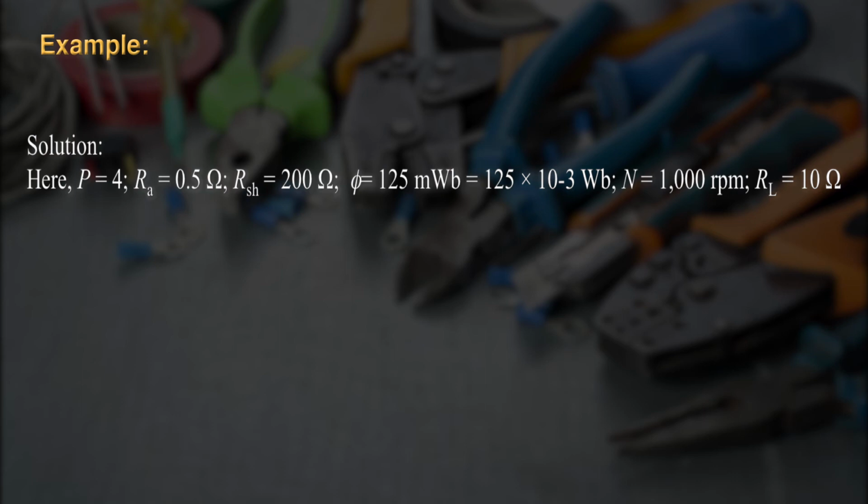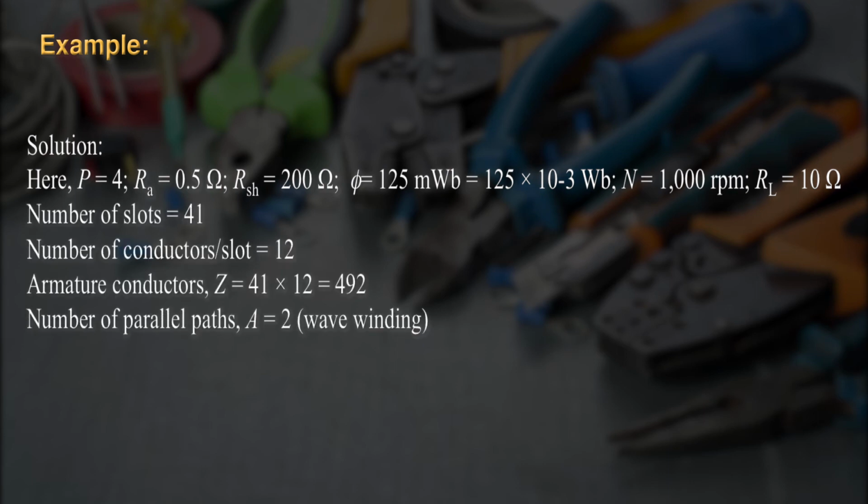Flux phi is equal to 125 milliweber, so you can write 125 into 10 to the power minus 3 Weber, and speed is given 1000 rpm, so N equal to 1000 rpm, and load resistance RL is also given, that is 10 ohm. Number of slots is given 41, and the other parameter given is number of conductors per slot, which is 12.